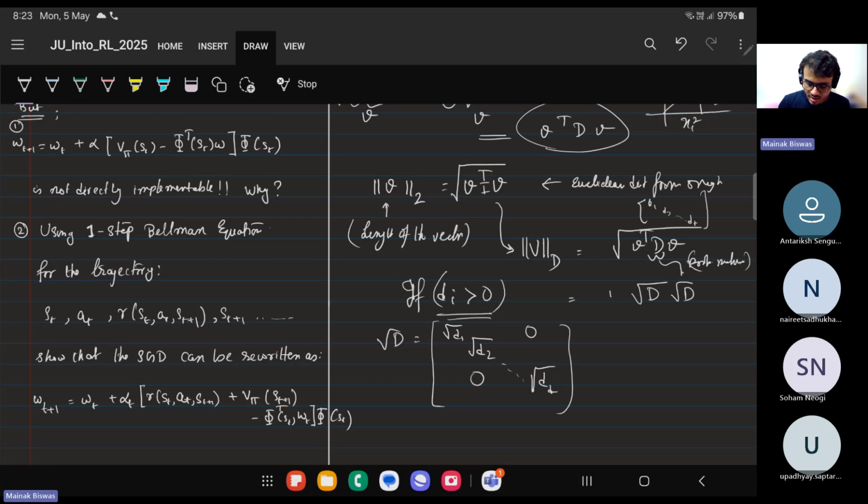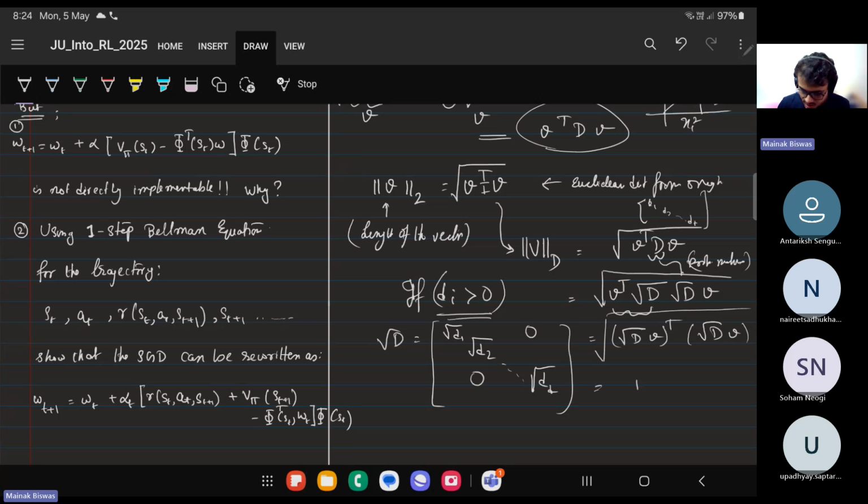Correct, exactly. This is so because these are all positive. So you can write this as square root d v transpose square root d v. The diagonal matrix transpose is always a diagonal matrix, the same. It's a symmetric matrix. That's why I can write that.